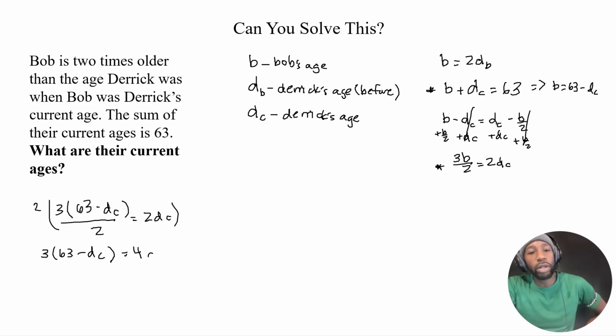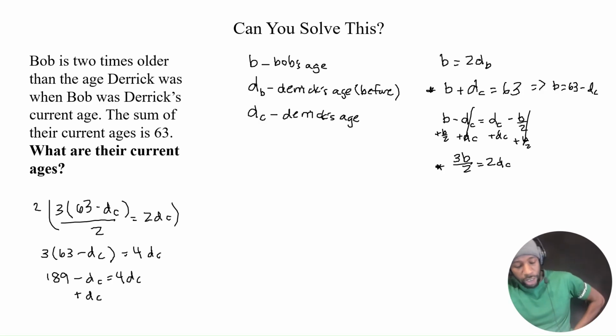equals 4DC. 63 times 3, let me see, that's 189 minus DC equals 4DC. Let's see, we want to add this to both sides.